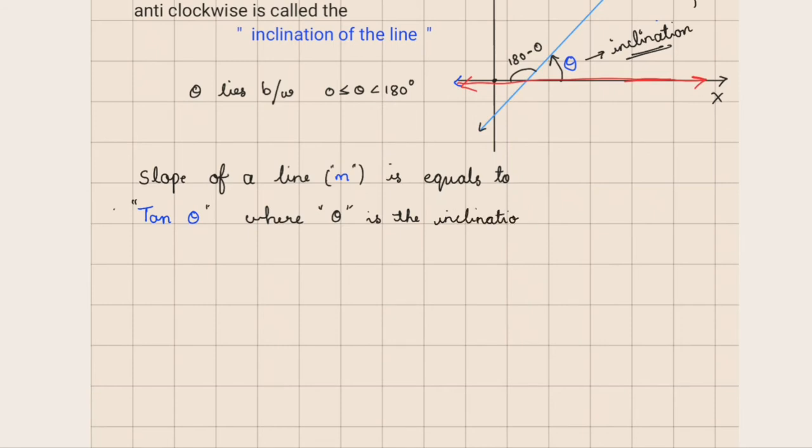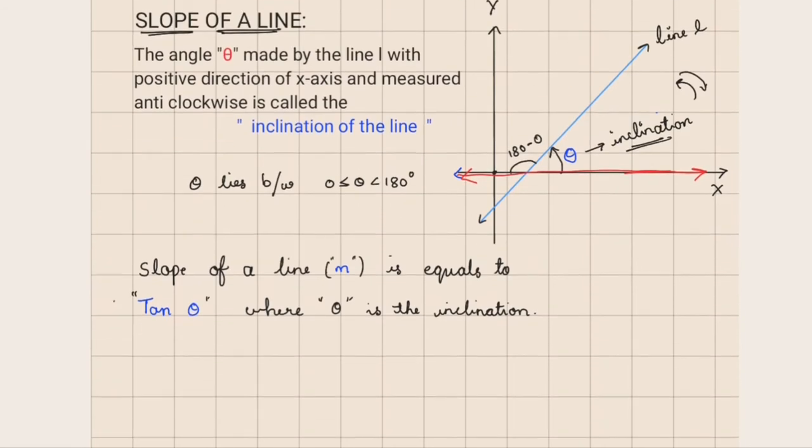You know what an inclination is. So tan theta is defined as the slope of a line.